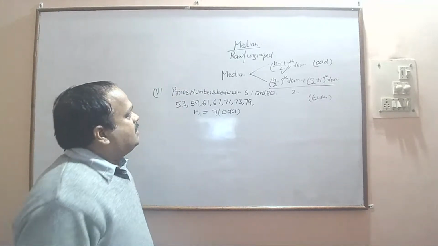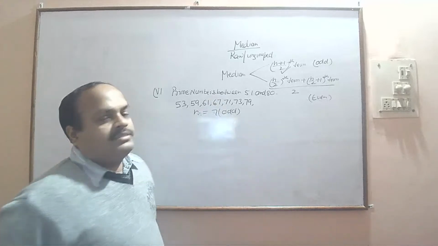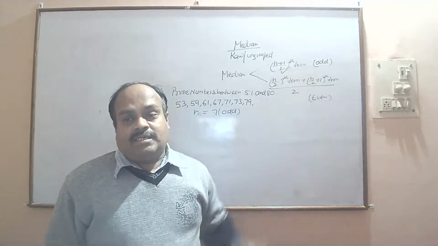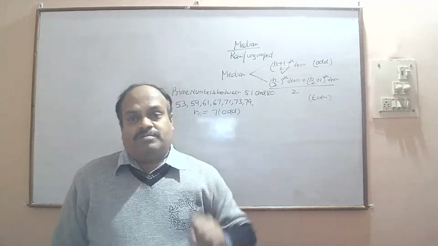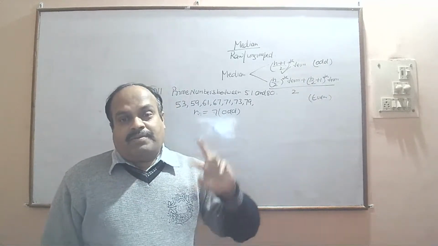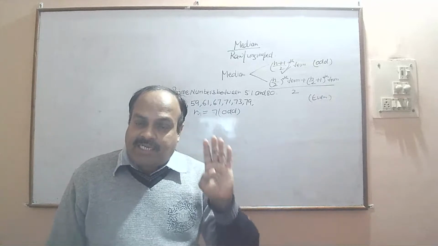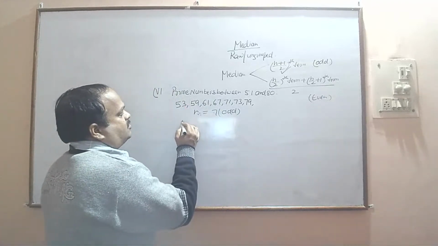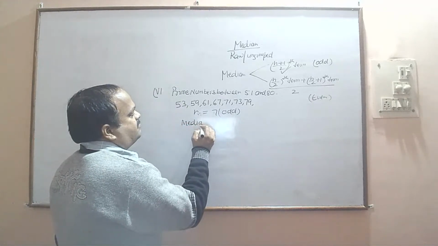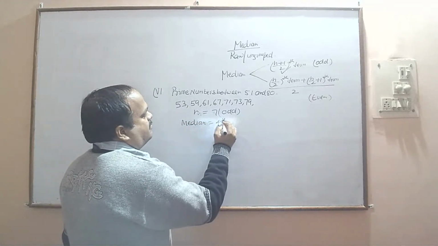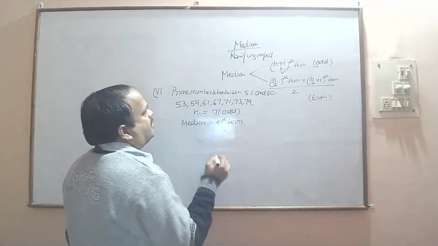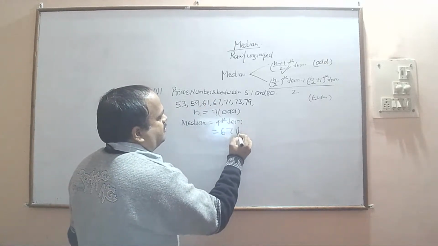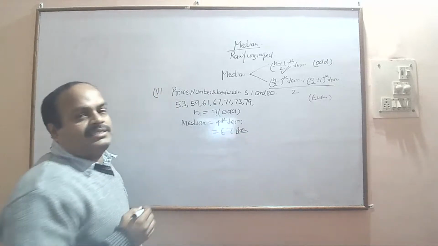Okay. So since n, the number of observations, is odd, there will be one middle term. 7 plus 1 becomes 8, 8 by 2 is 4. So the median will be the fourth term: 1, 2, 3, 4, 67.